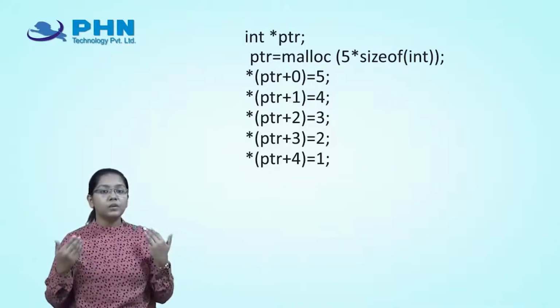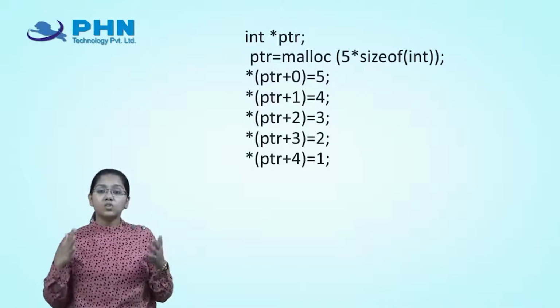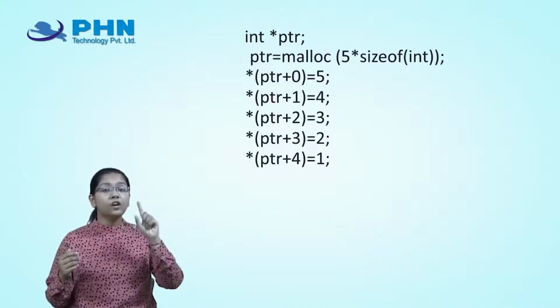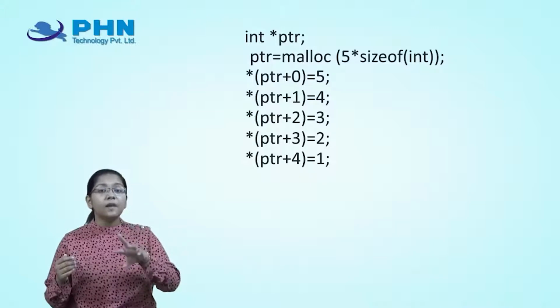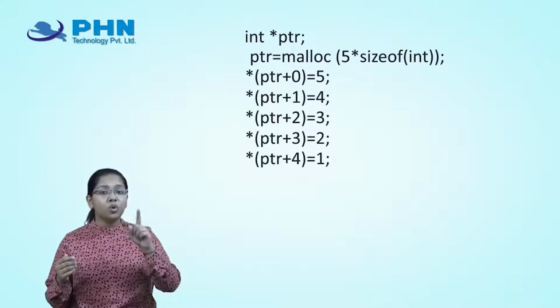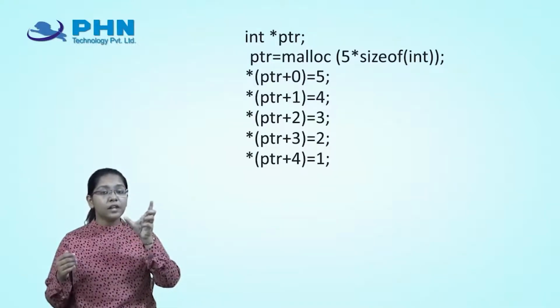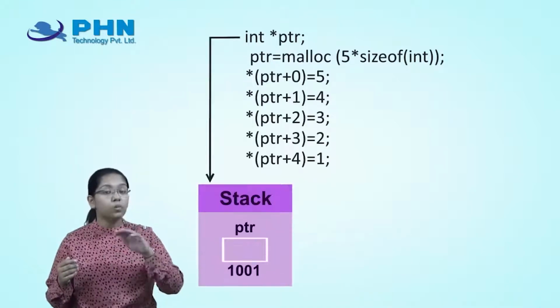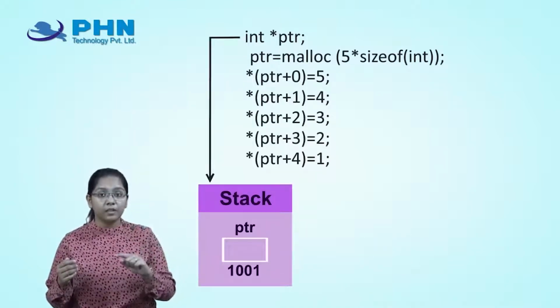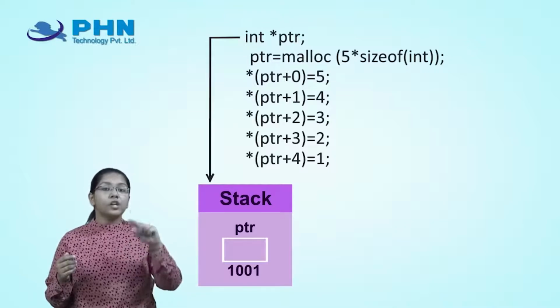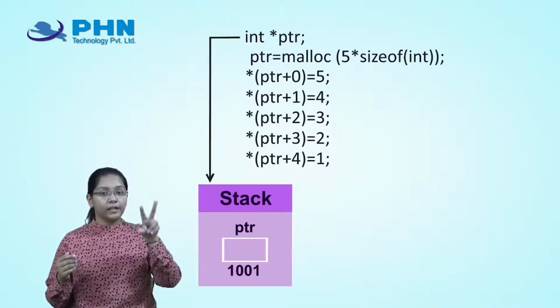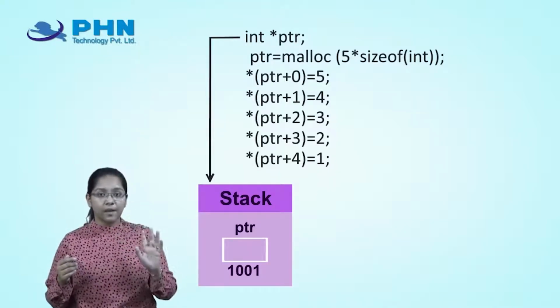Till now we have worked with stack only, right? So the moment I declare int star ptr, that data type will get stored in my stack, and that won't be stored in my heap. Remember this.